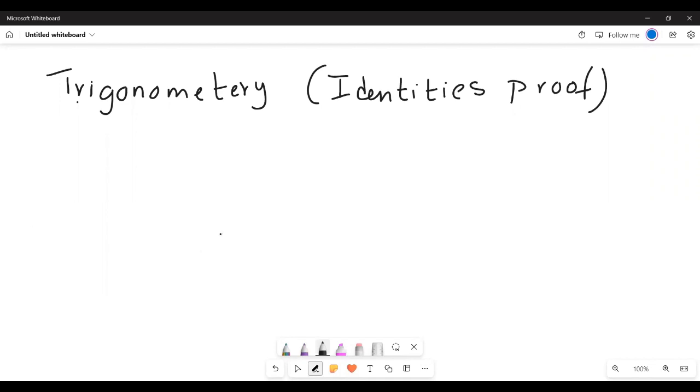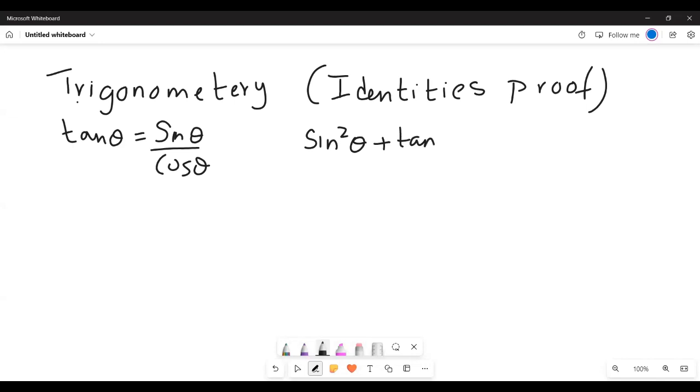So we're going to do trigonometric identities. You already know from AS that tan theta equals sine theta by cos theta. And also from AS, you know that sine square theta plus cos square theta equals 1.